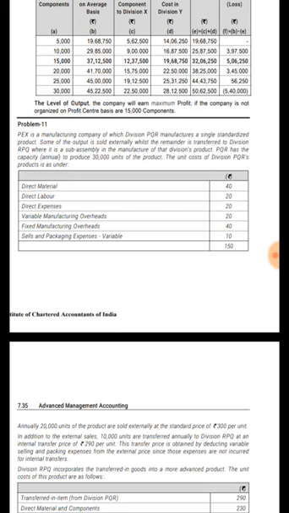In 300 he is giving a 10 rupees discount, which means ultimately division PQR wants RPQ to accept the price of 290. Why are they giving a 10 rupees discount? Because of the sales and packaging expenses.